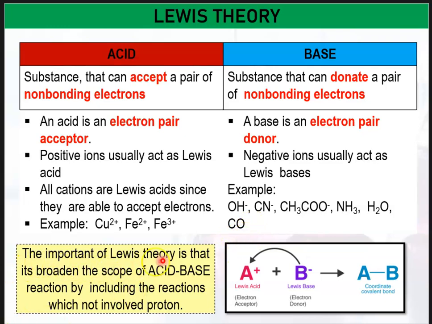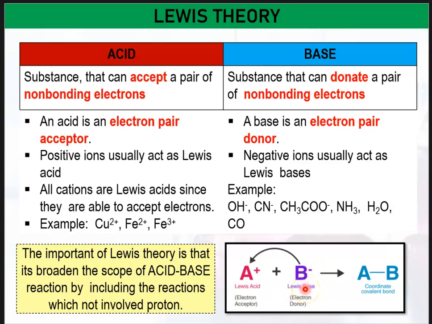So the importance of Lewis theory is it broadened the scope of acid and base reactions by including reactions which do not involve proton donor or proton acceptor. So for example, Lewis acid is an electron pair acceptor.